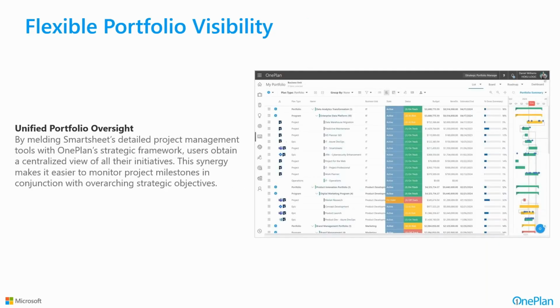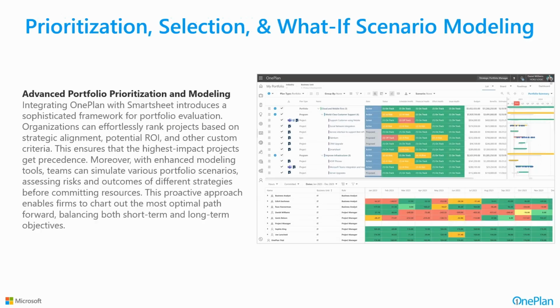So what can we add? Flexible portfolio visibility, whether it be portfolio hierarchies, whether it be different views, in this case, different columns of data with or without timelines. Being able to flexibly look at this, maybe look at resource utilization or financials, or look at prioritization schemes, et cetera. Being able to look at your portfolio in a variety of ways, in slices and summarizations.